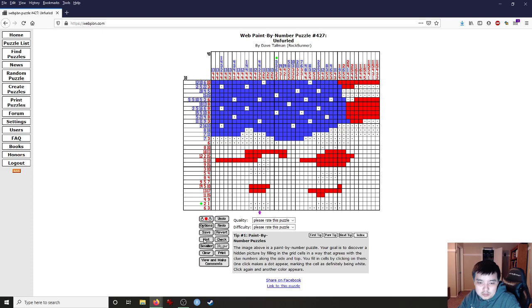Is that all for the rows? Now the hints say to look at the columns. Which hole was it? That one? Three and three. Now, one aspect of these puzzles is that hopefully they are logically solvable in the first place, especially here on the easier difficulties.